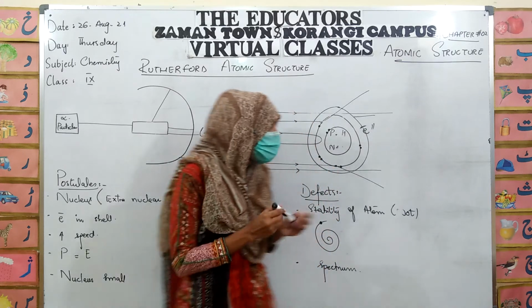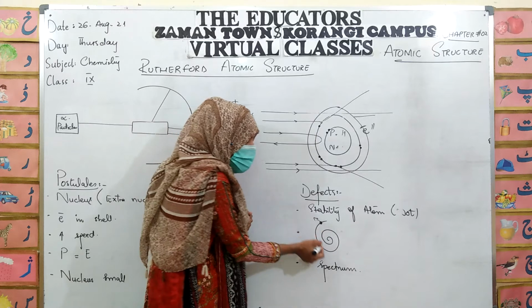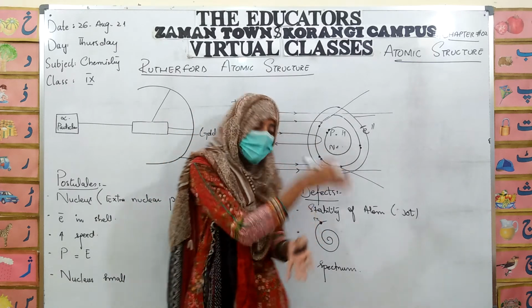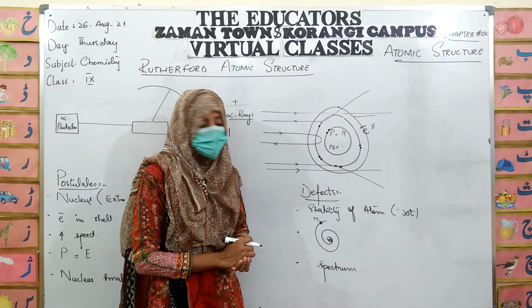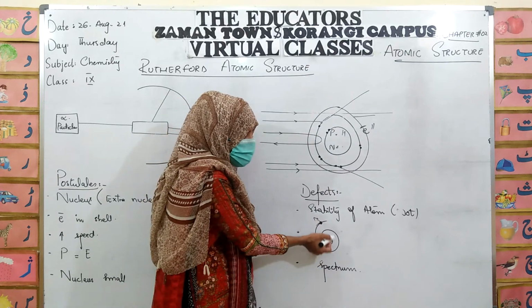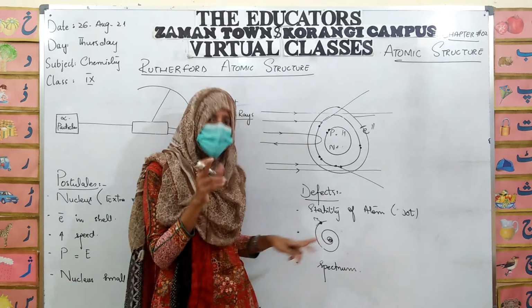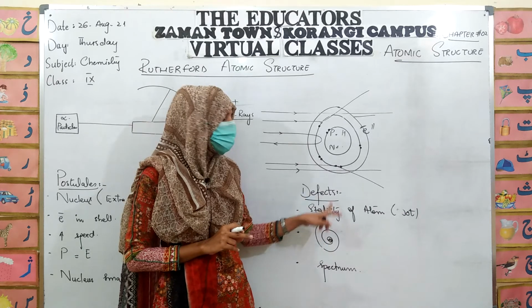So when the electron radiates energy, what would happen? It will lose energy, its energy would go down, and finally it will fall into the nucleus. Right? So due to the high speed of the electron, its energy would decrease and finally it would drop into the nucleus according to Rutherford, which was not correct, so it was included in its defects.